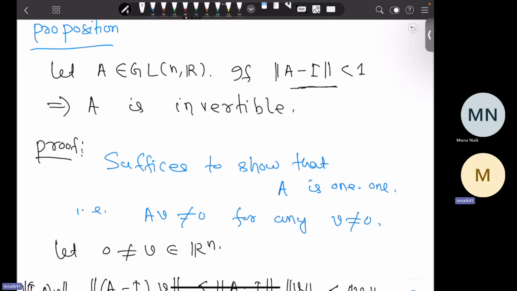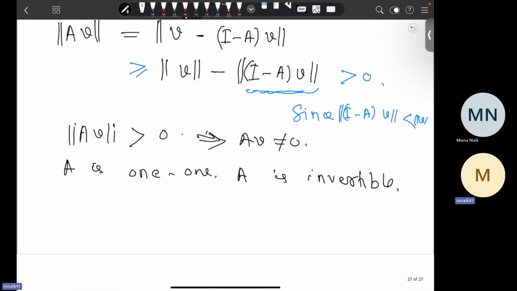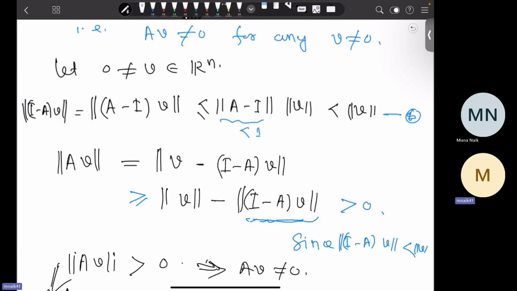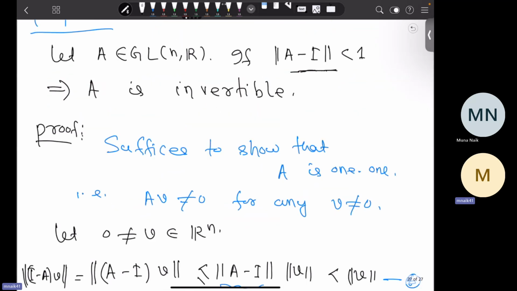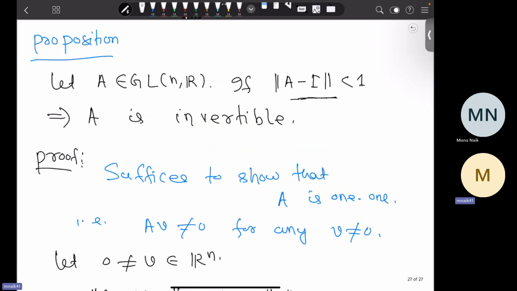Why? Because we have really utilized one fact: that if a map from Rn to Rn is 1-1, then it is invertible. This fact we have utilized, and it is not true for infinite dimensional non-linear spaces. So we will do it in a different way. Okay, so we will prove this thing.